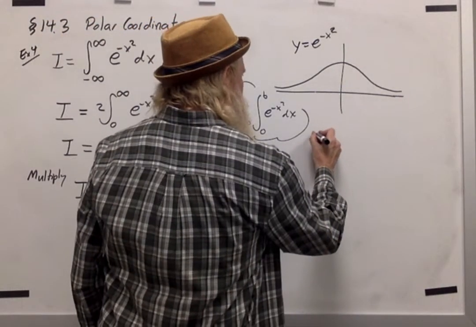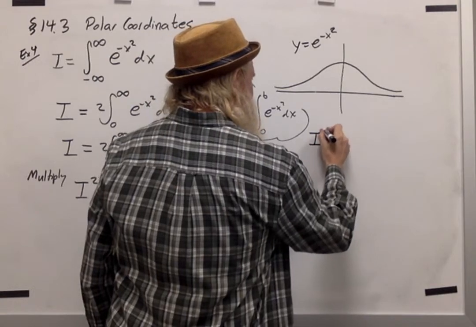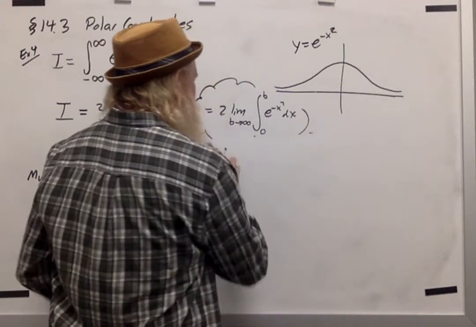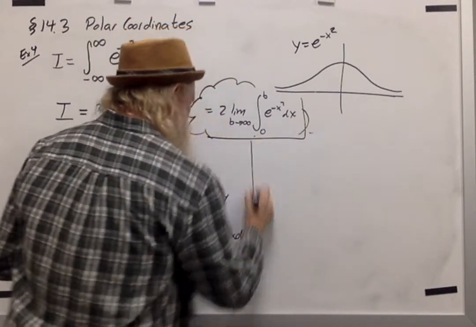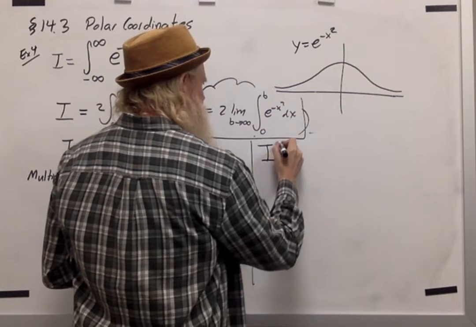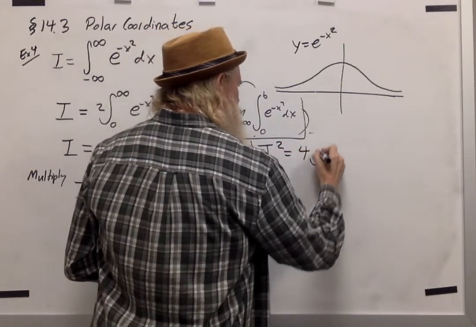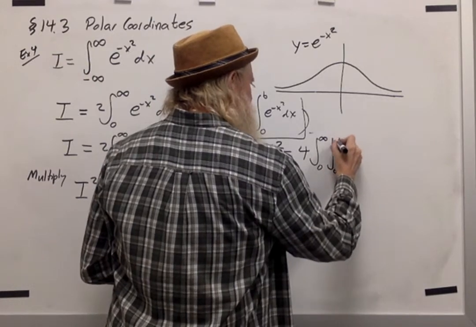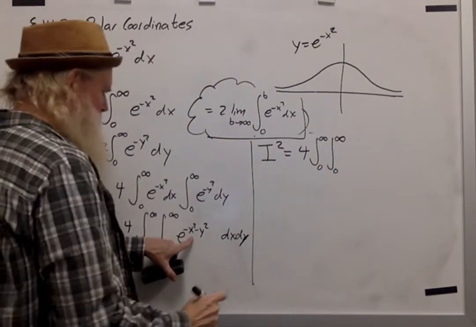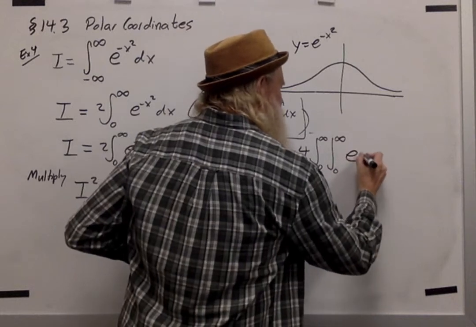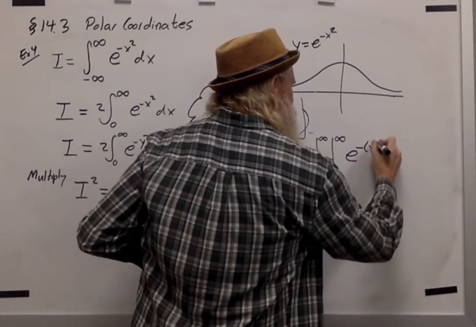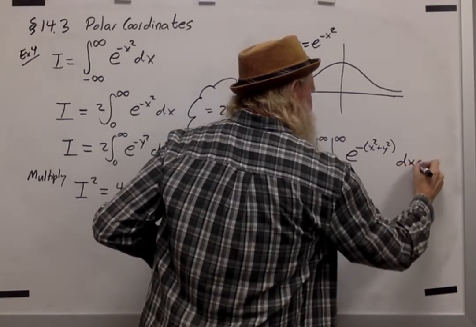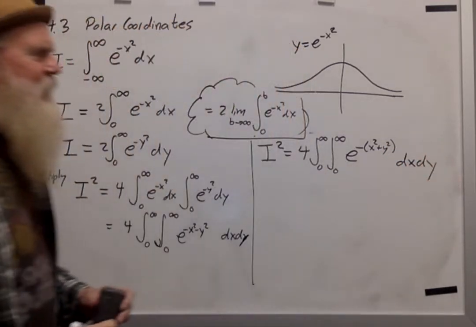So what we have so far is that our integral squared is 4 times the integral from 0 to infinity, integral from 0 to infinity, of, let me rewrite this as e to the negative x squared plus y squared, dx dy.